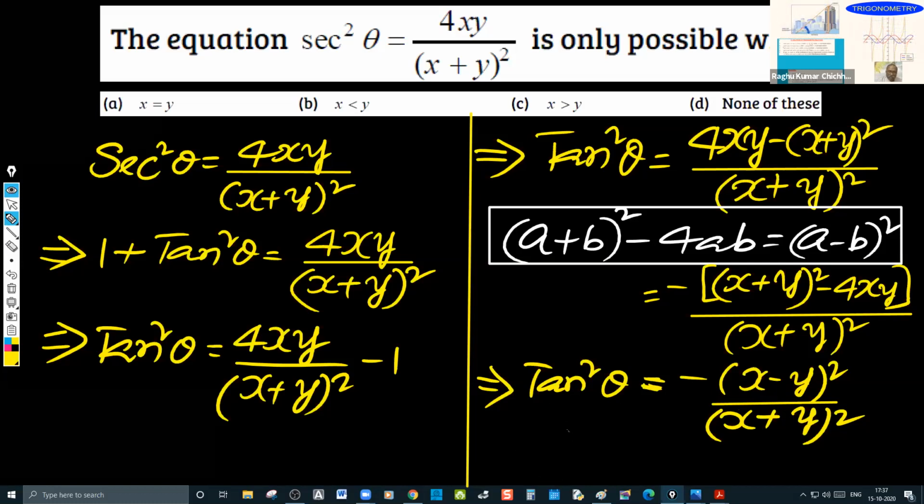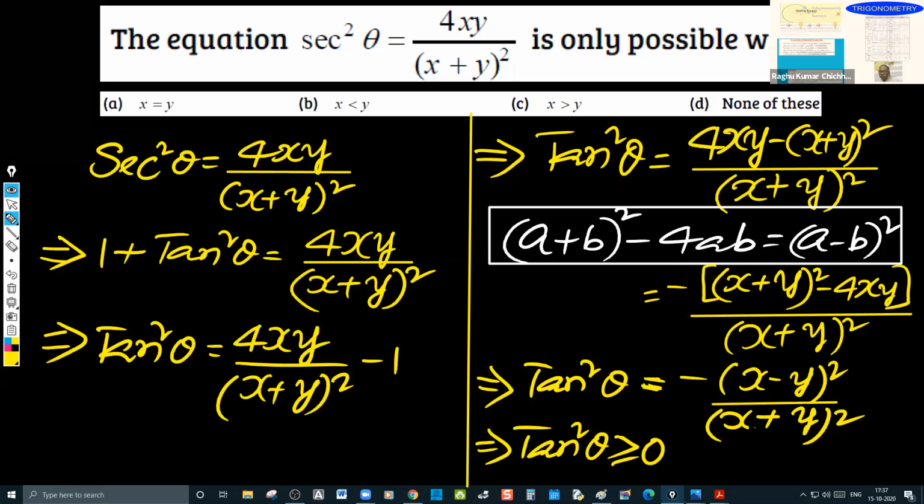So tan square theta is always greater than or equal to 0. But if you see this, x minus y whole square is positive. x plus y whole square is also positive.